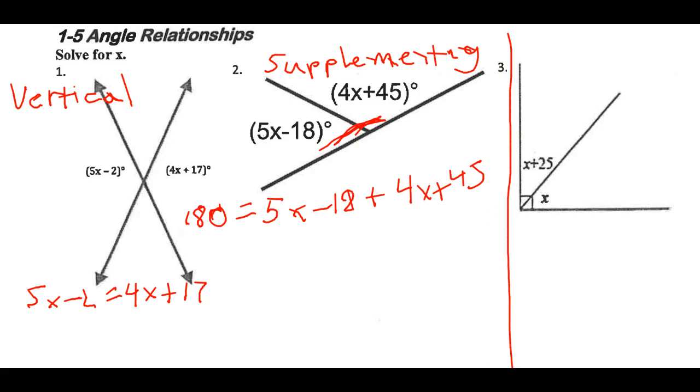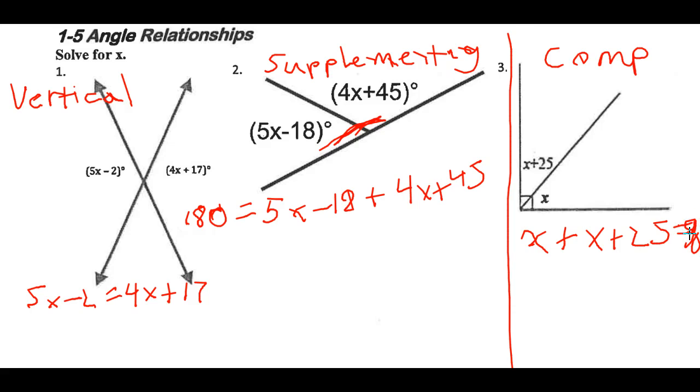And then finally over here, I have complementary angles. I'm just going to abbreviate COMP. They're complementary. Remember, we said if you got a good grade, like a 90 on your test, we would compliment you. So complementary means that they add up to 90. So again, I have to take x plus 25 and set them equal to 90.